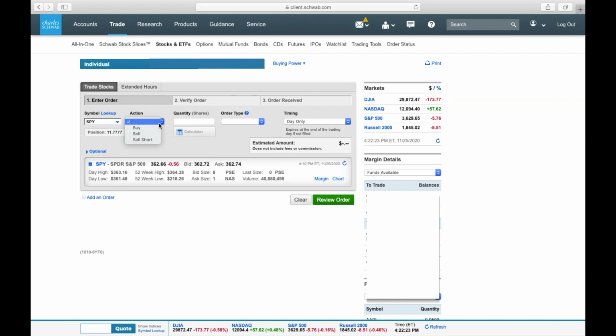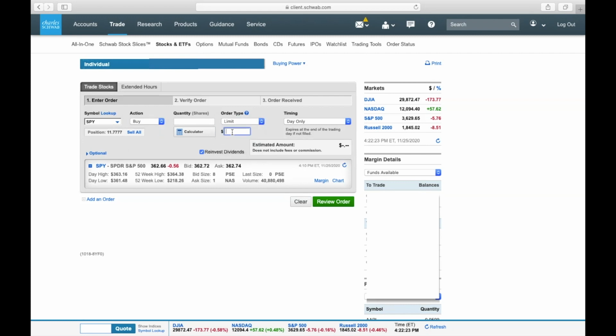And let's set the price again. We don't want to pay a market order. Set it as a limit. Right now, they're asking $362. The last person paid $362.66. They're asking $362.74. I want to pay $362.65.